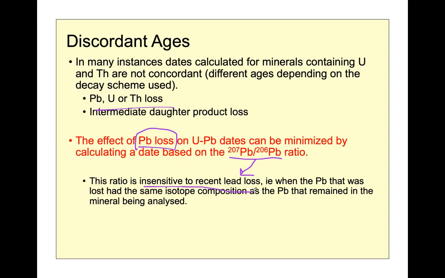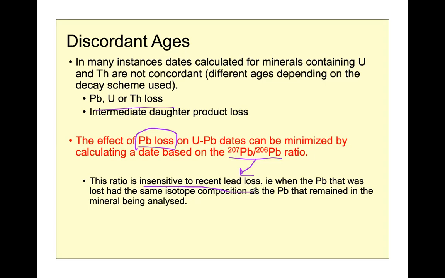There may not be a big contrast in lead loss because this 207 cannot show large discrepancy for a short period of time, right? Because it needs a longer period of time to give very contrasting isotope values.